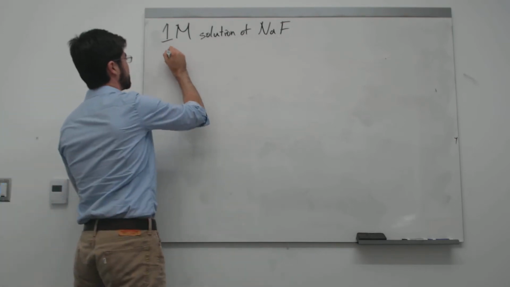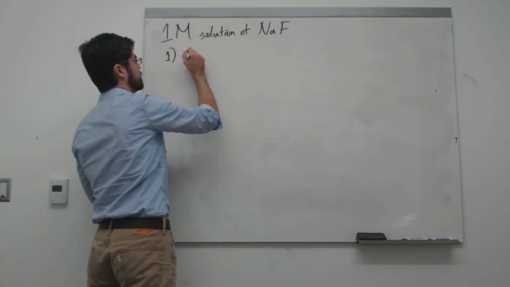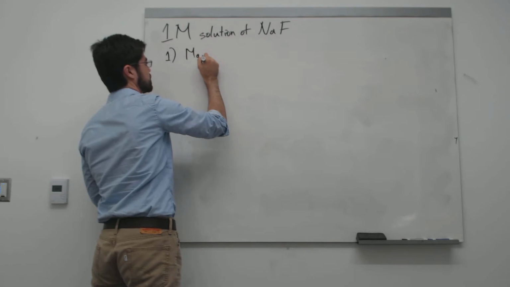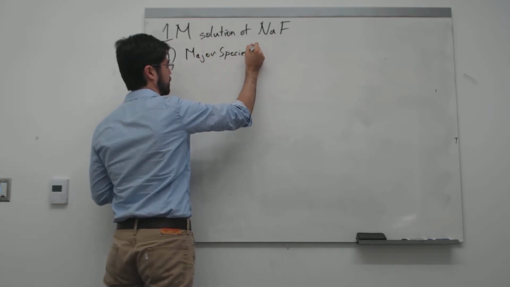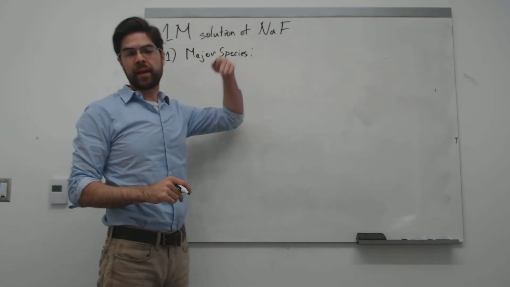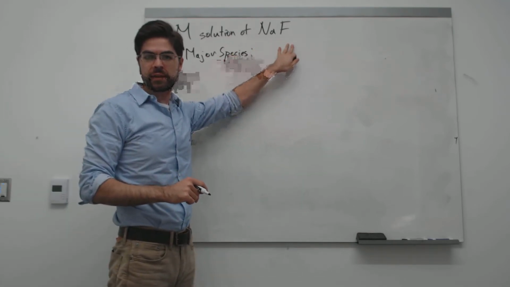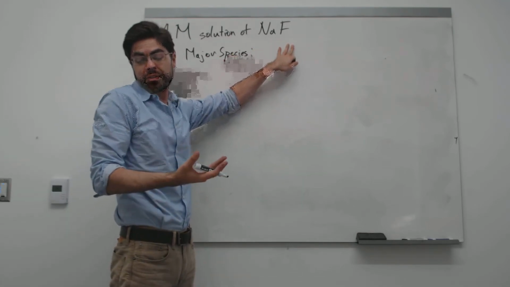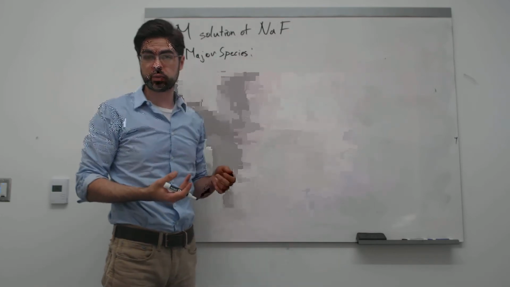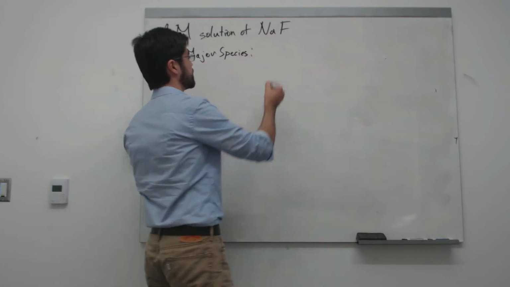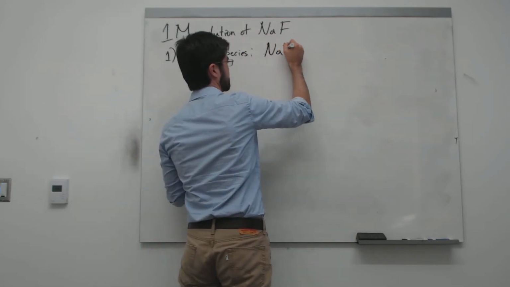So standard analysis here. I know that the major species: this substance is an ionic compound. If it's soluble in water, it should dissociate into its constituent ions. So that should be sodium plus. Those will be present in solution.